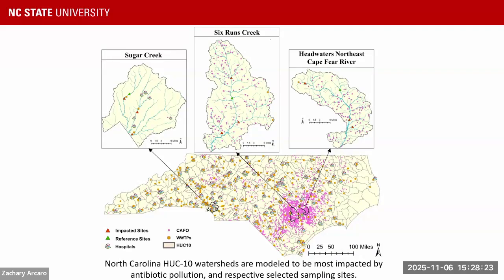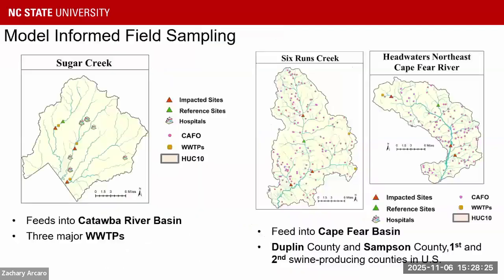And so we came up with 3 watersheds that we went out and sampled. The first one was Sugar Creek. Sugar Creek served as our watershed that had a higher amount of point source pollution from antibiotics. It has 3 major wastewater treatment plants, and it happens to be around the Charlotte area.